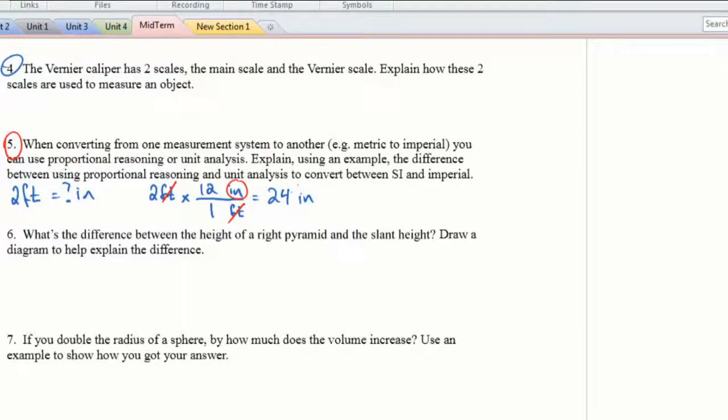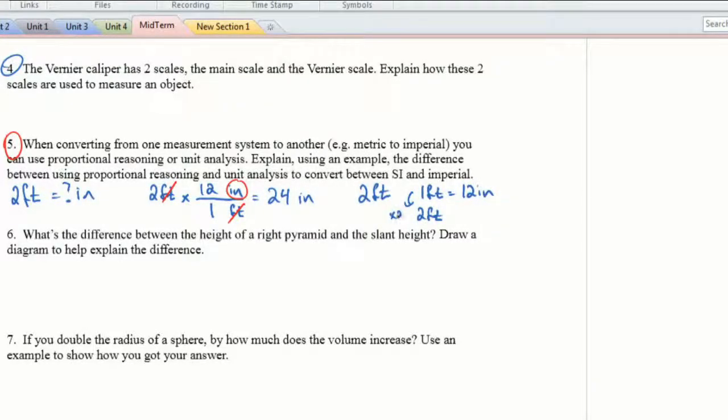The other one is proportional reasoning. So this one, honestly, I never really use it, so I'm not super confident with this, but I know the relationship between feet and inches is 1 foot is 12 inches. So I have 2 feet. How did I get from 1 foot to 2 feet?